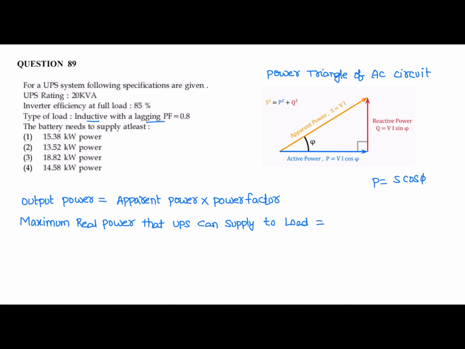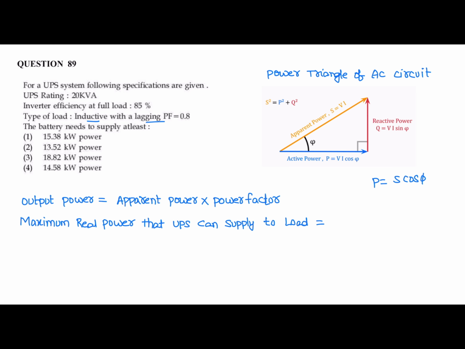The battery needs to supply at least, we know the power triangle. From the power triangle, output power is equal to apparent power into power factor.